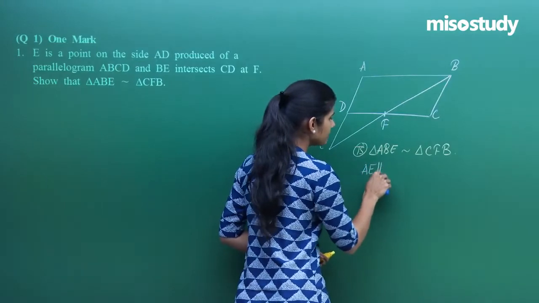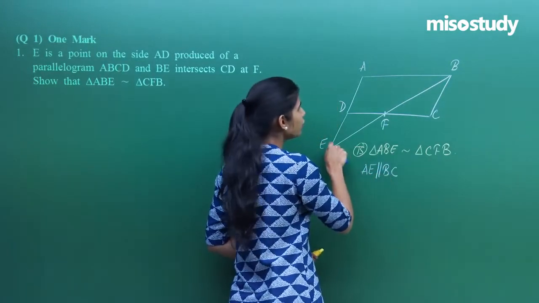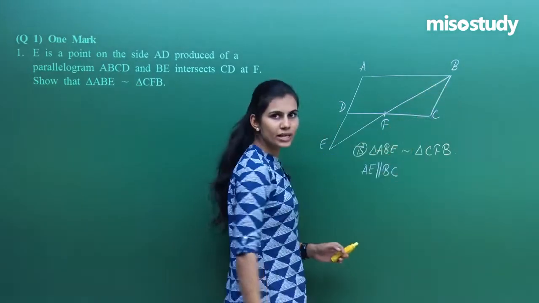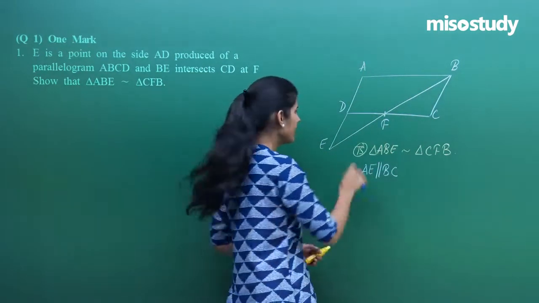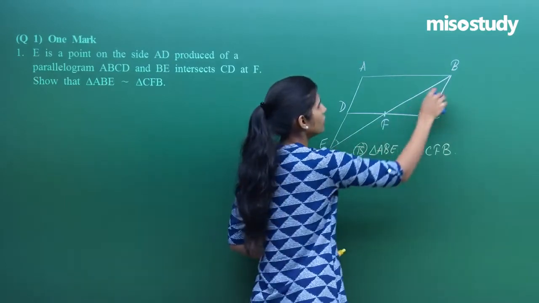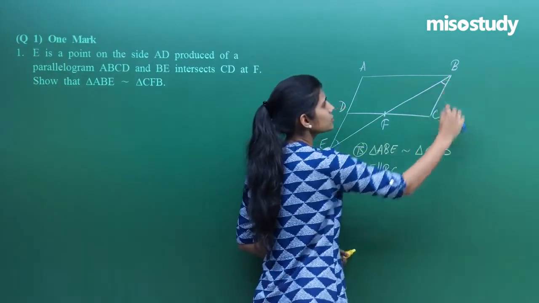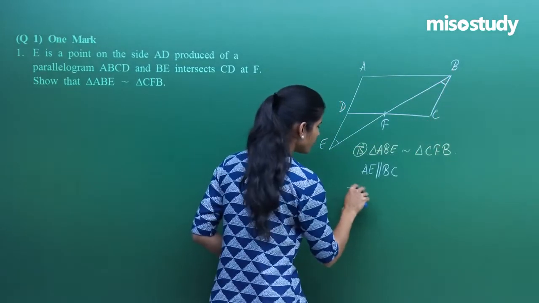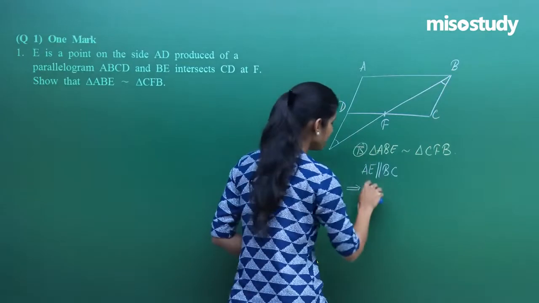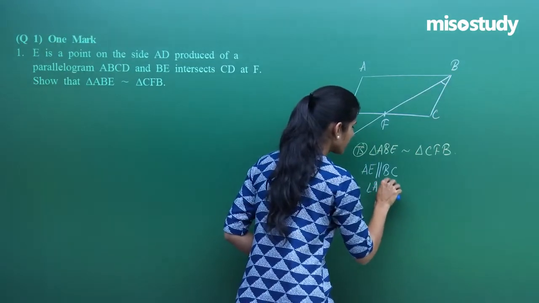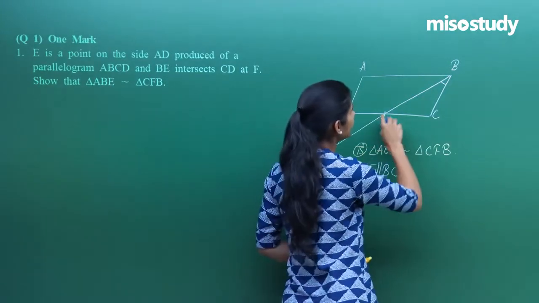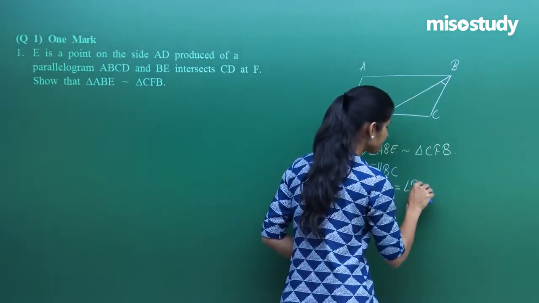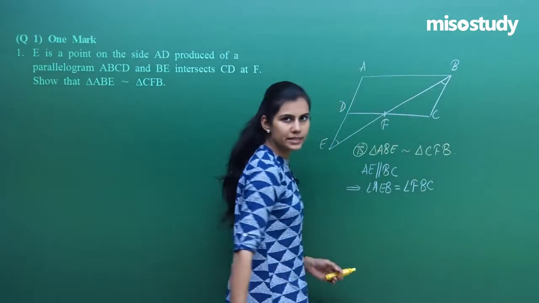AE is parallel to BC and therefore this line EB is acting as a transversal intersecting these two parallel lines BC and AE, and therefore this pair of alternate interior angles is going to be equal. So I am going to have angle AEB sitting in triangle AEB is equal to angle FBC sitting in triangle FBC.